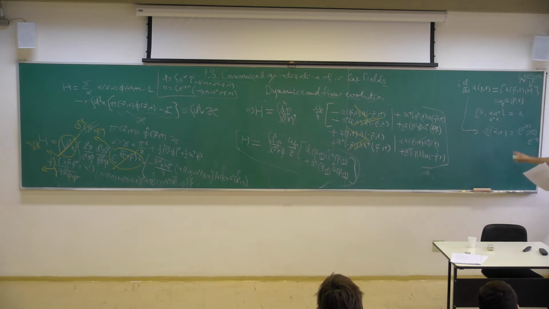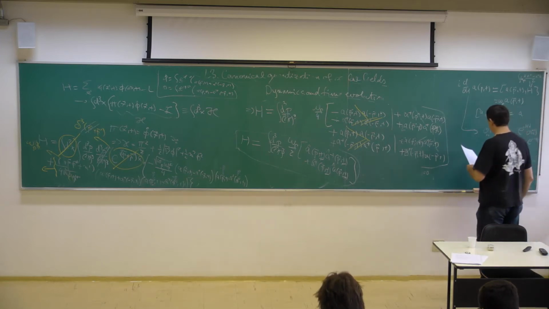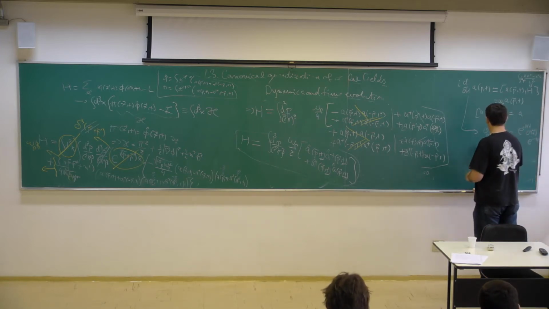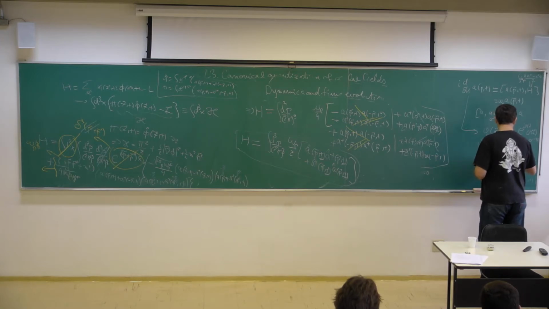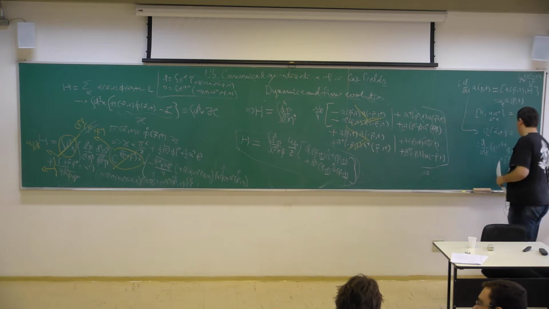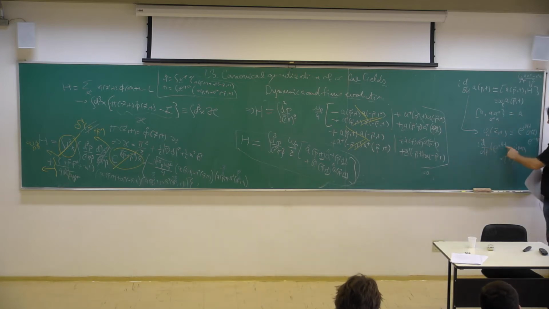The reason for that is if I have something like this, time derivative just removes the t, means this is infinitesimal, and otherwise this is infinitesimal, the result here is just the commutator, right?